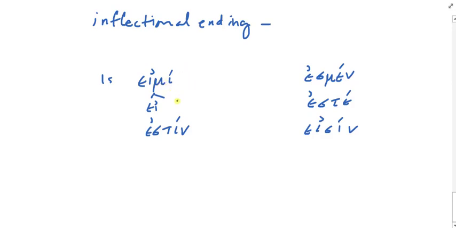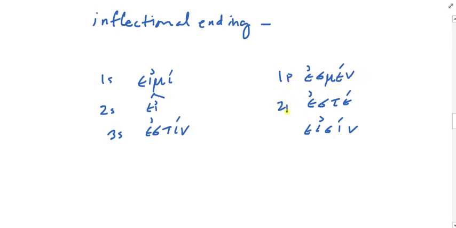I am. A is second singular, and it's, well, pronounced A. Everybody say that with me. A. All right, and this is you are. And then the third singular form is estin. Is he, she, or it is. Over here on the right side, first person plural. Everyone, esmen. We are.